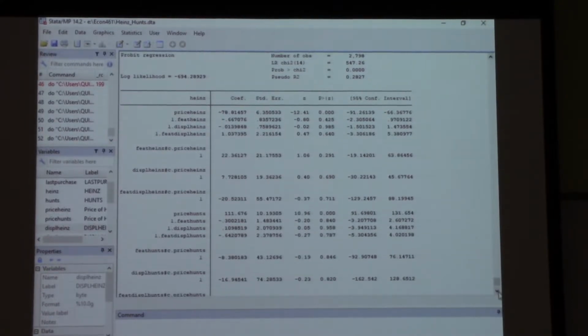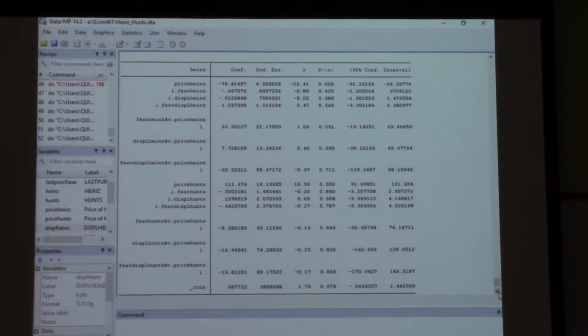And again, these are those standard hypothesis tests. Can we test whether, for example, if we saw that here's our non-promoted, and feature was here and display was there, can we test whether or not feature and display are statistically different from each other? So how do we do that using our logit and/or probit?